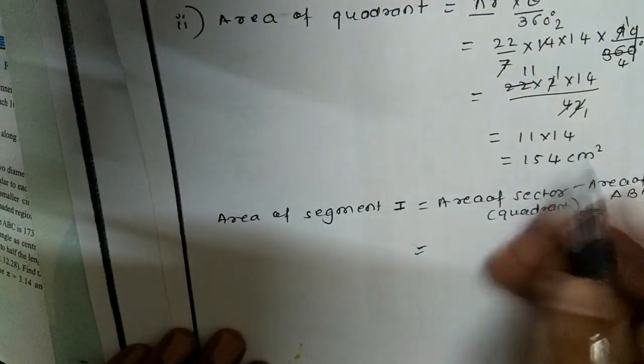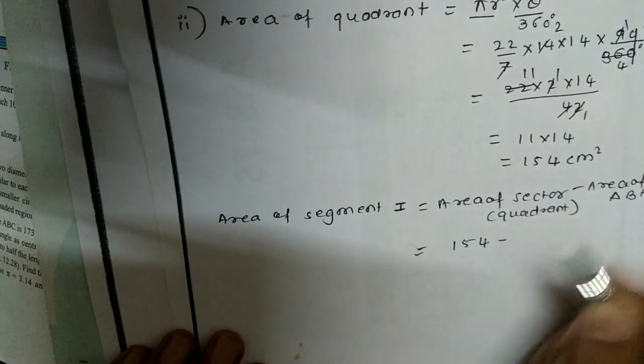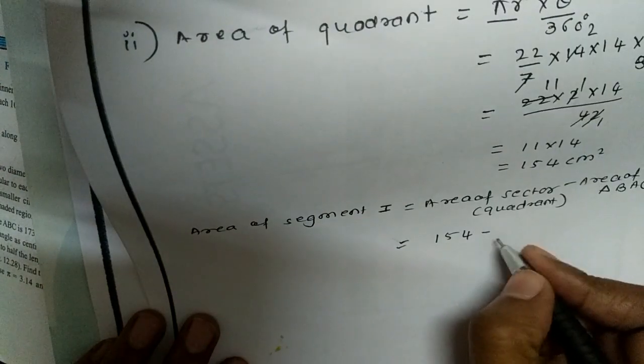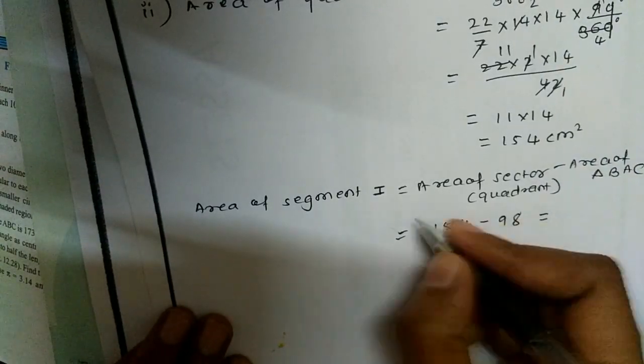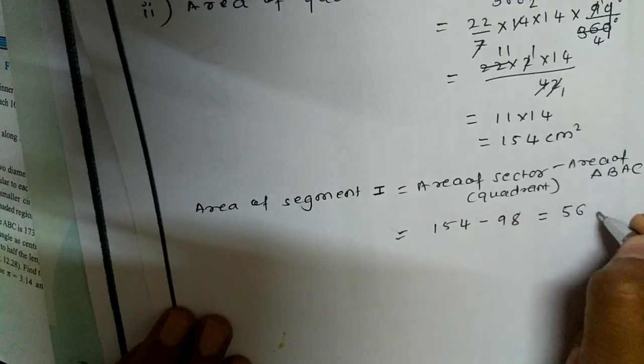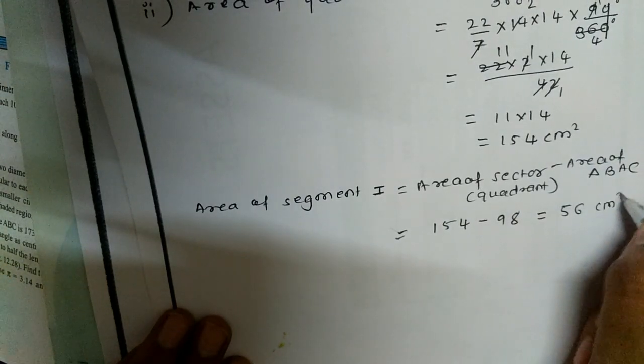Area of quadrant or sector we got 154, minus area of triangle we got 98. So finally the area of segment 1 is 56 centimeter square.